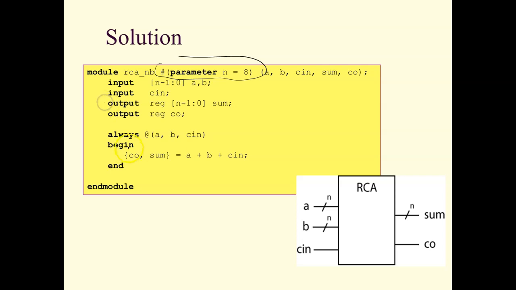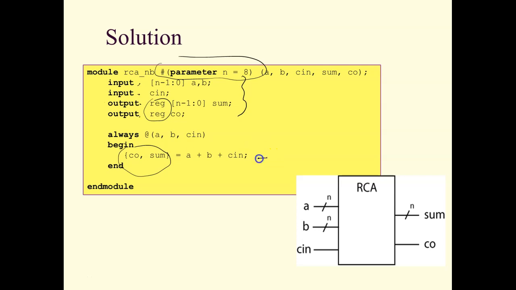These are the two values that are being assigned inside the always block, so I did declare them as regs. But the important thing is that everything in here was declared as unsigned, by virtue of the fact that I didn't put the signed keyword after any of these input-output specifications. So we're working with unsigned math here.